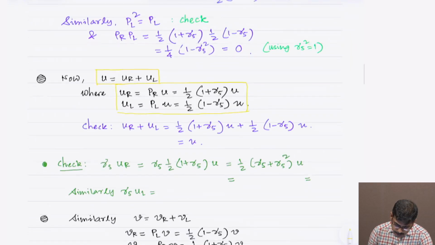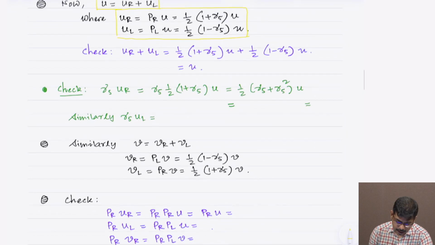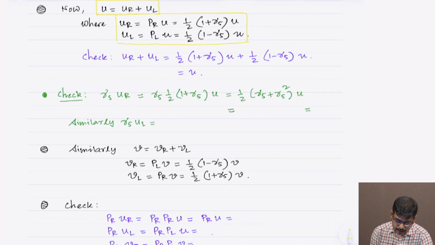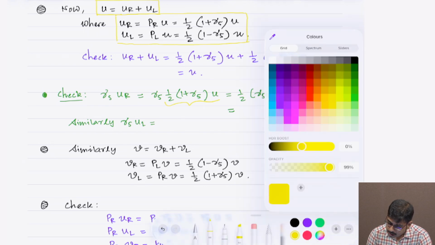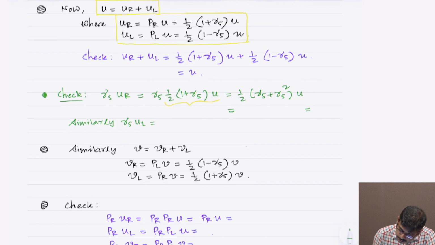So, let us quickly do that exercise. You can see that gamma 5 UR is gamma 5 into half into gamma 5 U, and now multiply the gamma 5, bring it inside. So, this is gamma 5 and gamma 5 square. Now, you need to remind me what was the gamma 5 square, and we said that that is actually equal to 1.